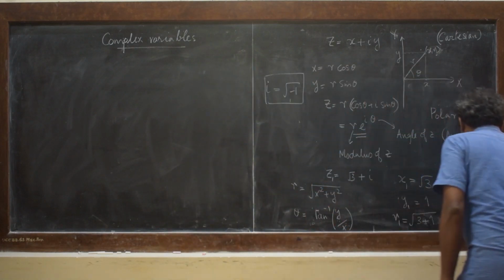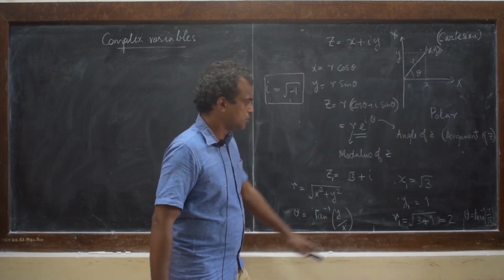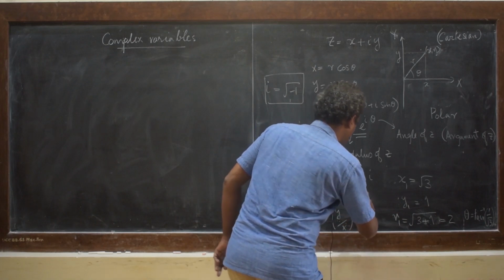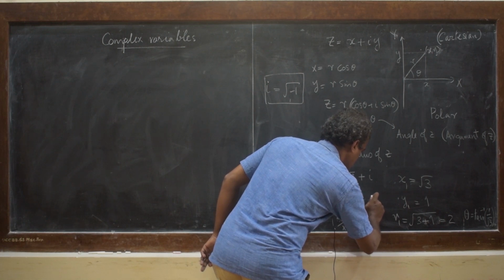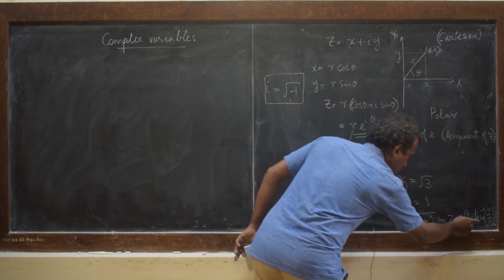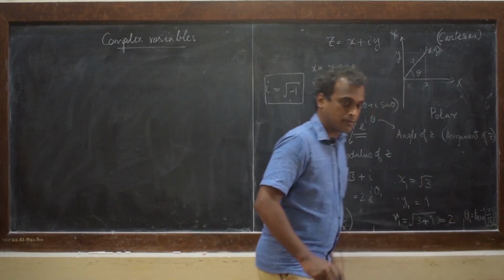And theta in this case works out to be inverse tan of 1 over root 3. Using these two, I could represent z1 also in the polar form as 2 e power i theta 1, where theta 1 is given in that form.